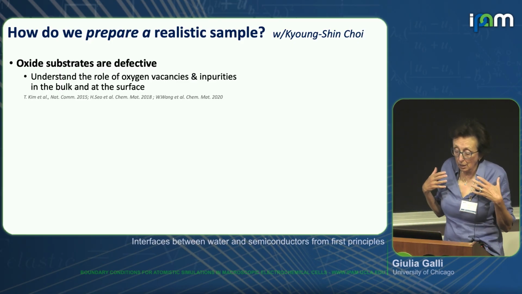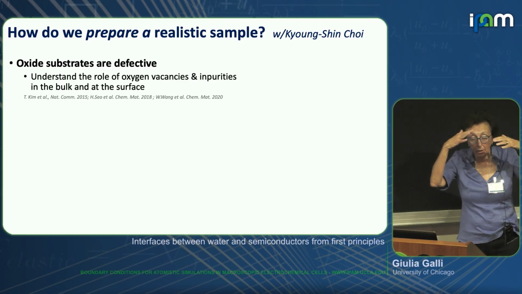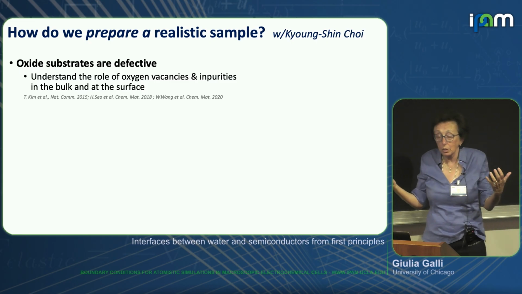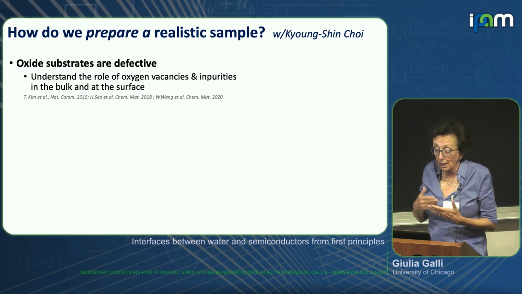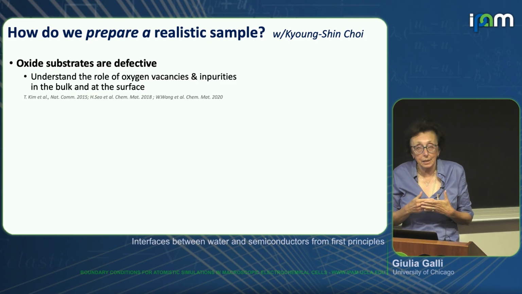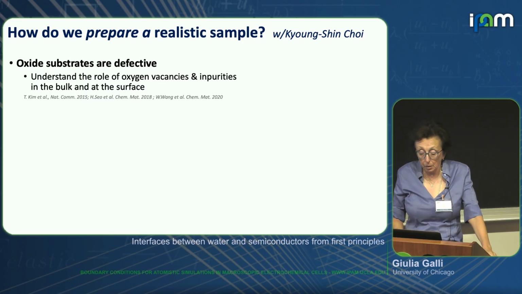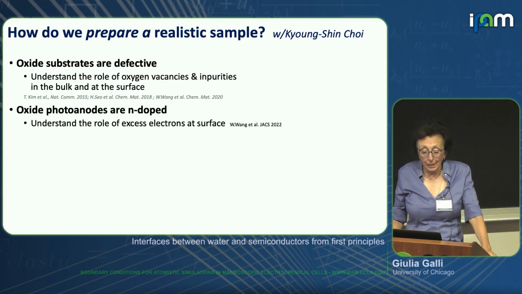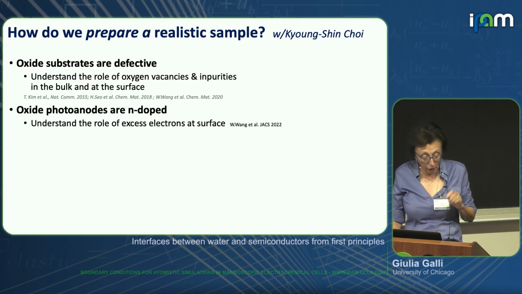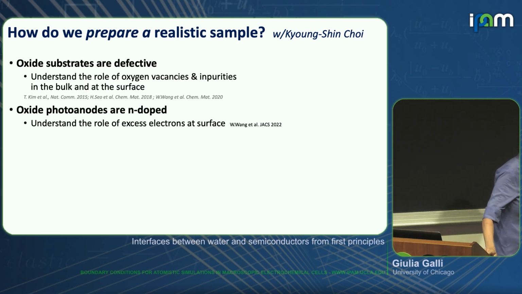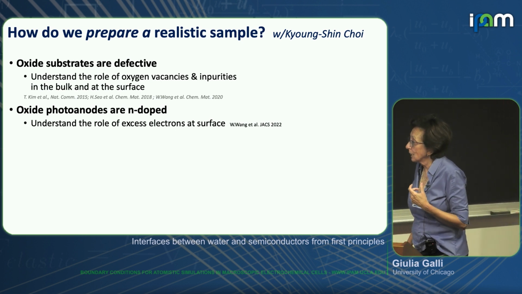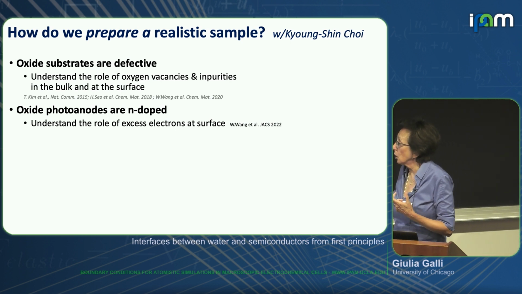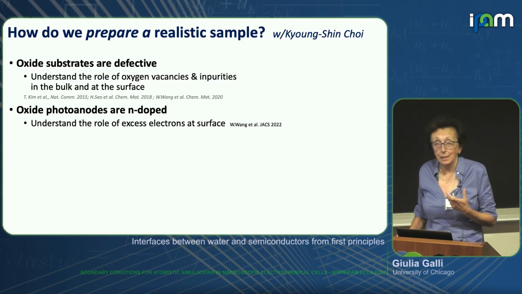I'm telling you quickly now what we have done and understood. First of all, oxide substrates are defective, and you need to understand the role of oxygen vacancies. And if you want to use your oxide as a photoanode, it is usually n-doped, and you need to understand the role of excess electrons at the surface.